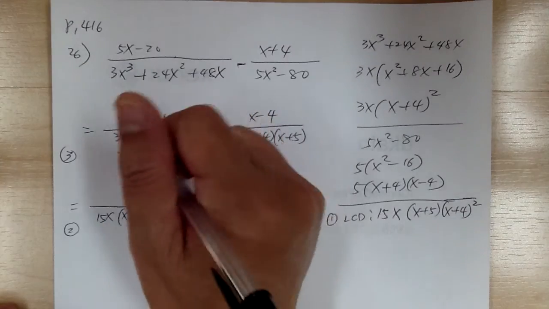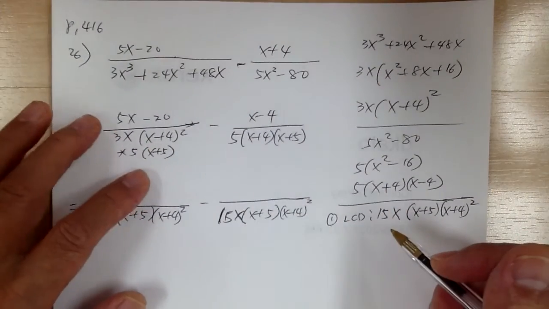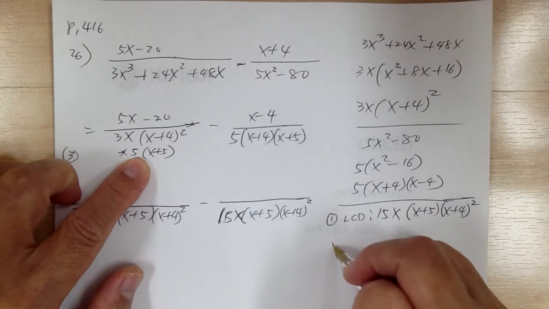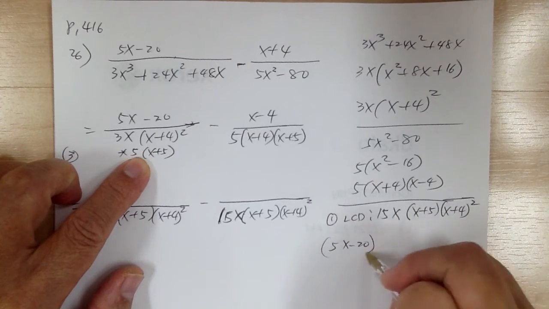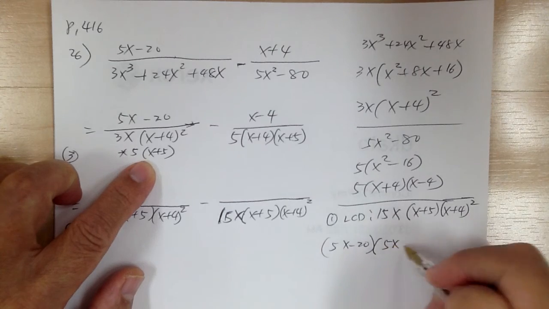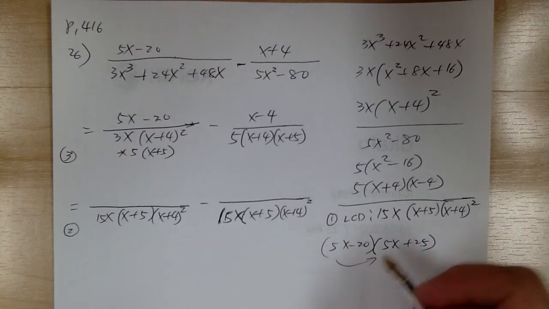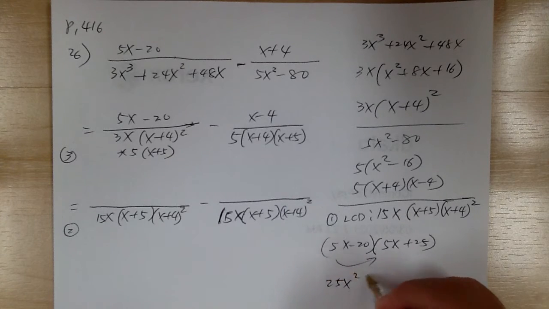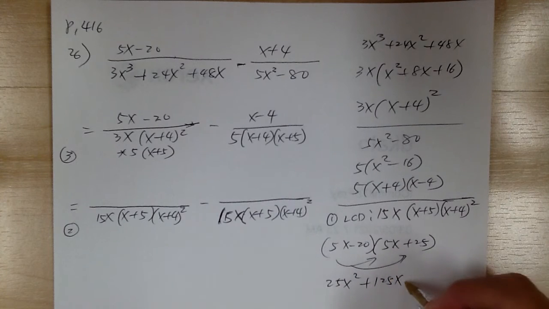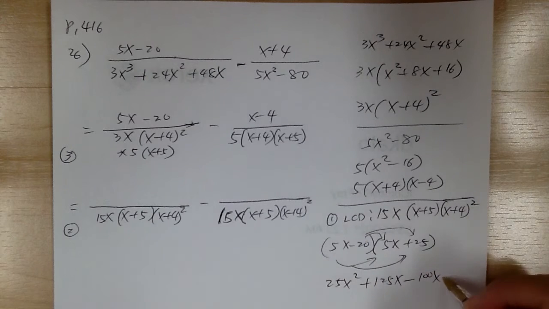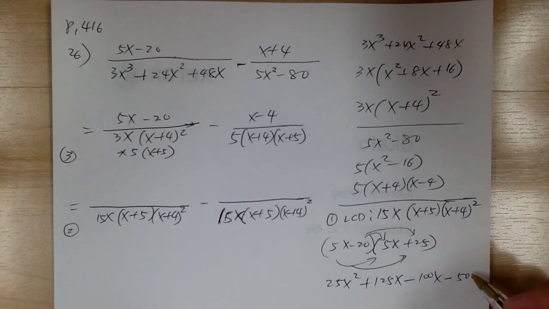So now you have to multiply all this together. You can go off to the side. So let's go ahead and multiply this first. You're going to get 5x minus 20 times 5x plus 25. You can use your Fourier method. So this will give you 25x squared plus 125x minus 100x minus 500.